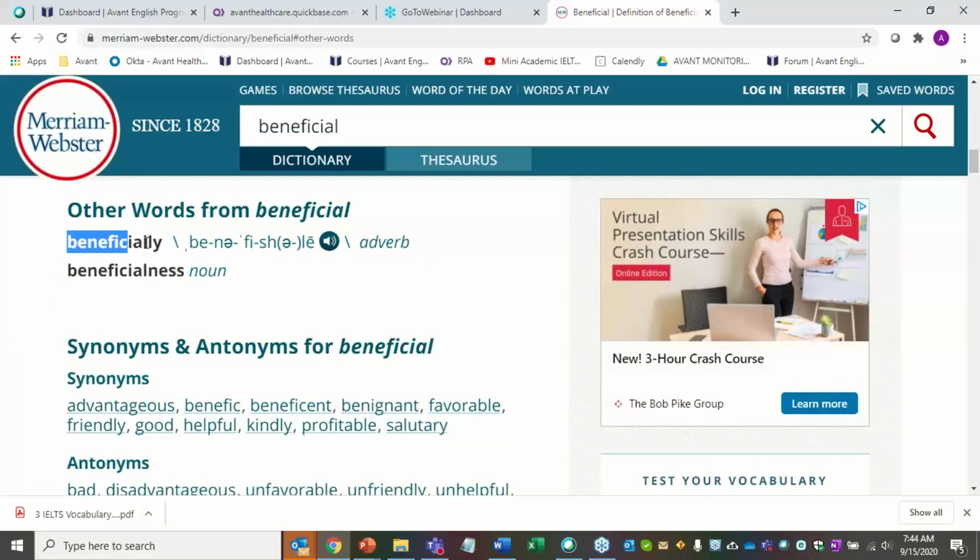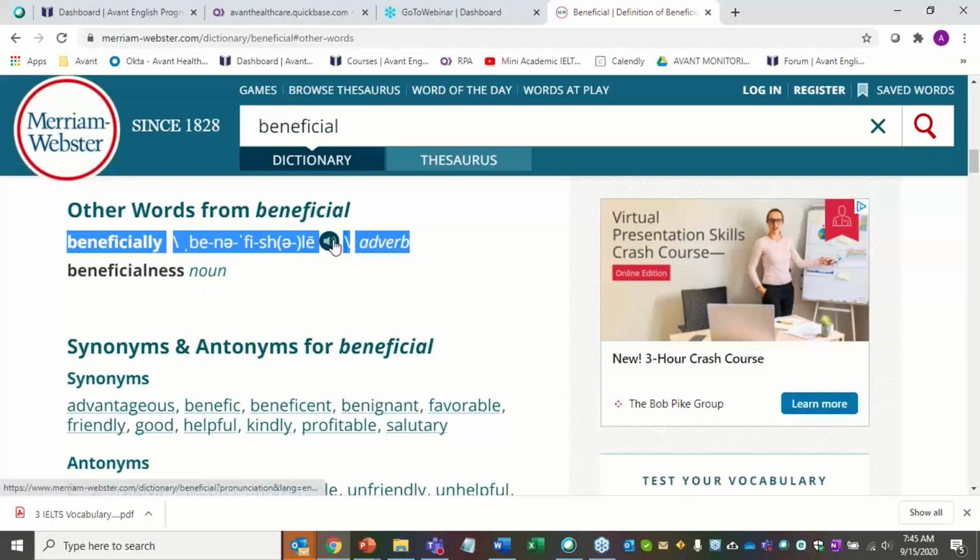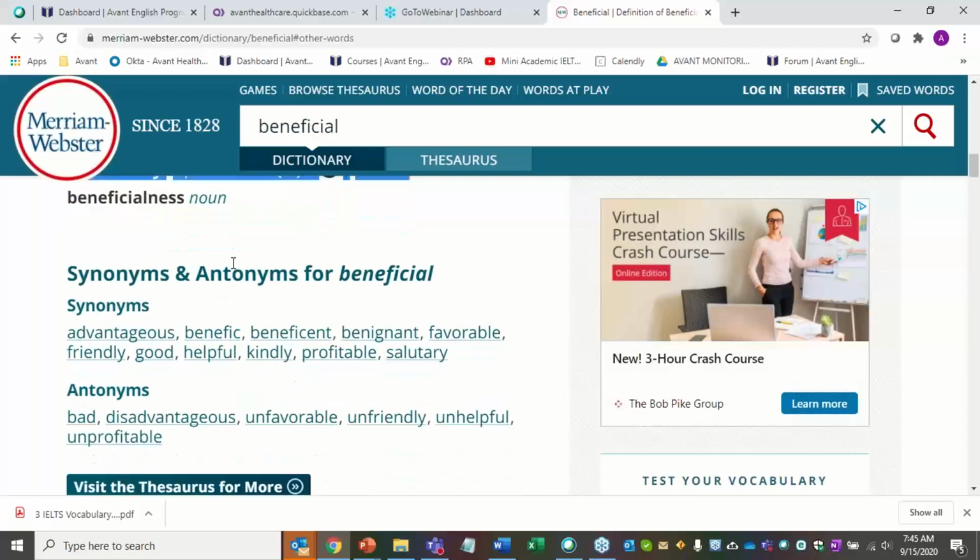But beneficially, yeah, as an adverb, sure. So we know the noun, we know the adverb, and of course the original word beneficial is the adjective. So you're already getting the parts of speech of the word, and the dictionary provides that for you. They even give you the audio for that.